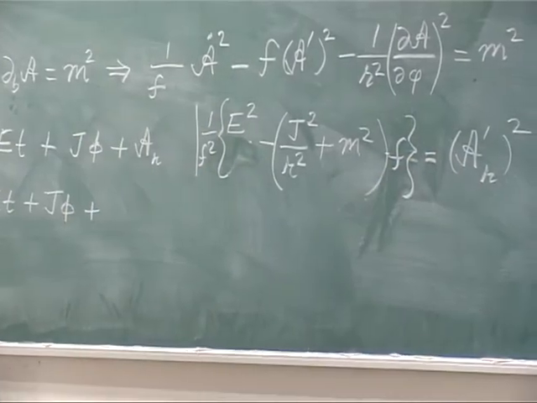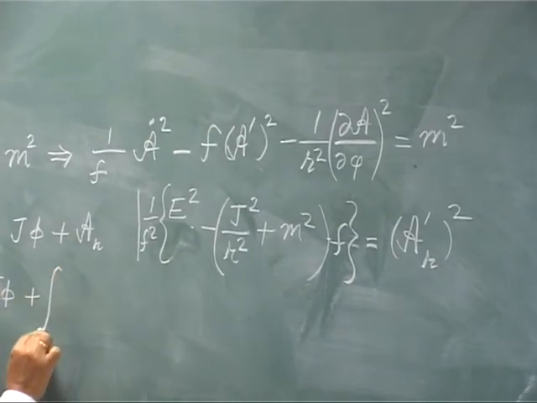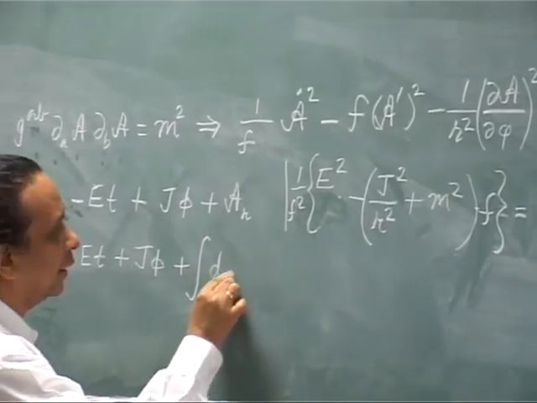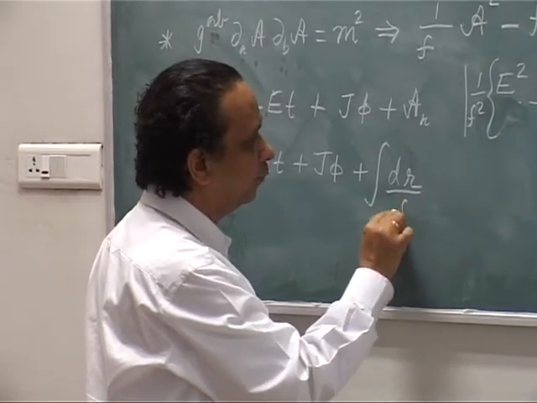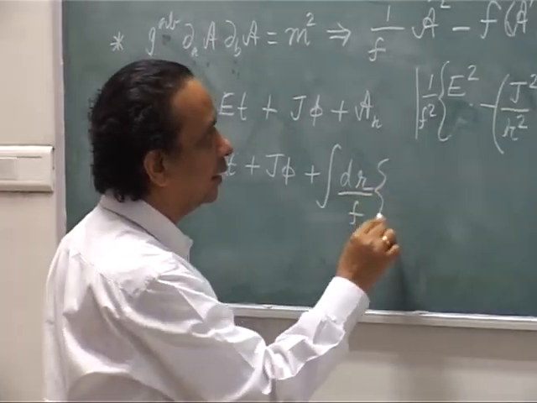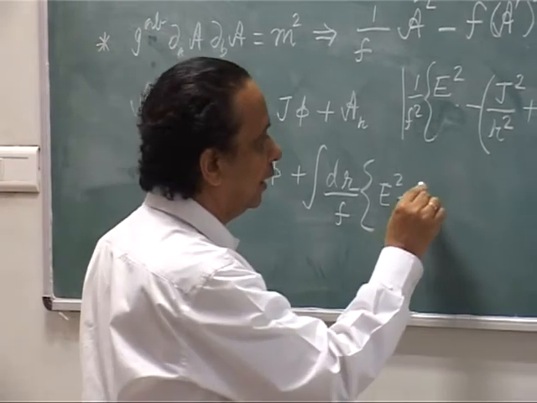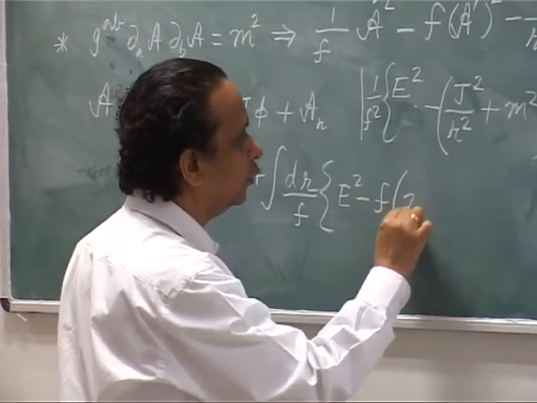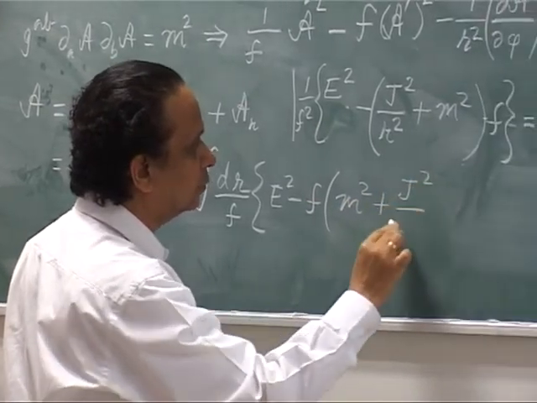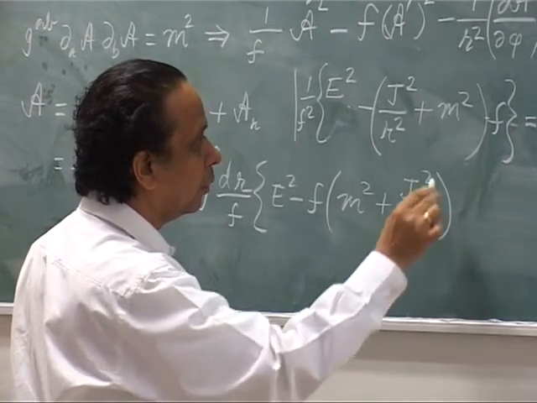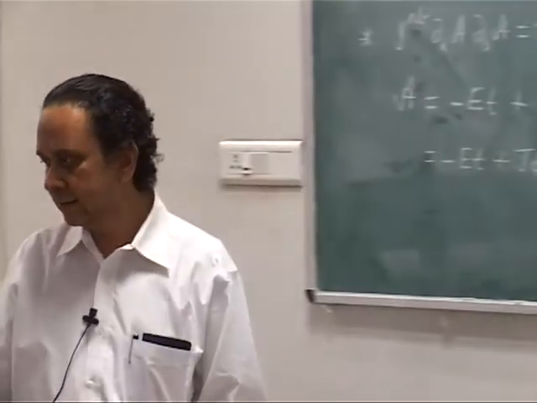So I had to just take the square root of that, and then I had to integrate over dr. So this is going to be dr integral of the square root of that, which will give me first an 1 by F. Then I will have the thing in the curly bracket, E square minus F into m square plus j square by r square, whole to the power half. Okay, this is what you get.